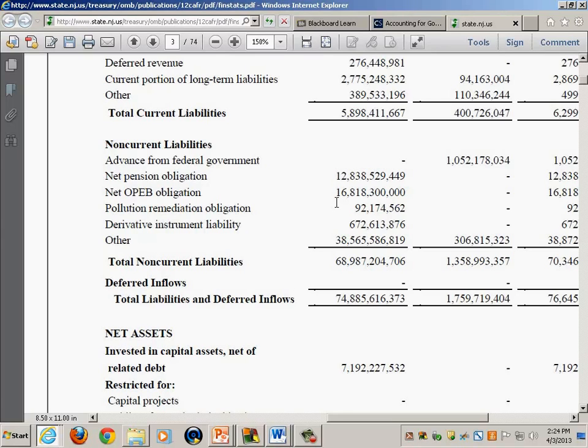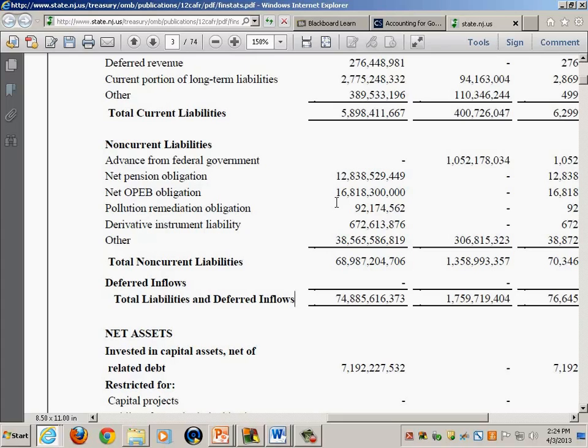We have $12 billion in net pension obligation, or amounts that should have been put in but were not put in. And I haven't even told you what OPEB is, but that is 16.8 billion. What does that do? By the way, for those of you doing New Jersey here, the CAFR?